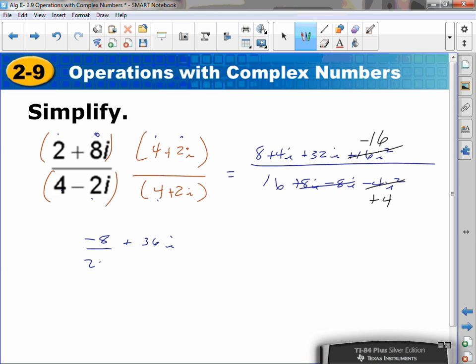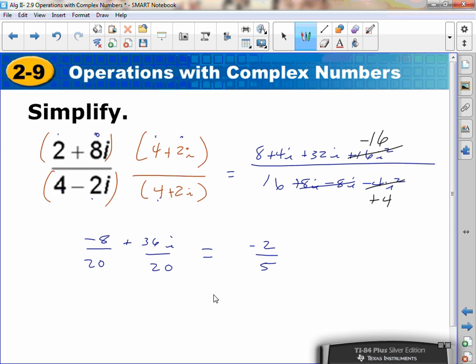Now I'm going to put over 20 here, over 20 there. Instead of writing it all over 20, I broke it into 2 pieces, because now I can simplify. What goes into both 8 and 20? 4. So if I divide by 4, negative 2 fifths. What goes into both 36 and 20?